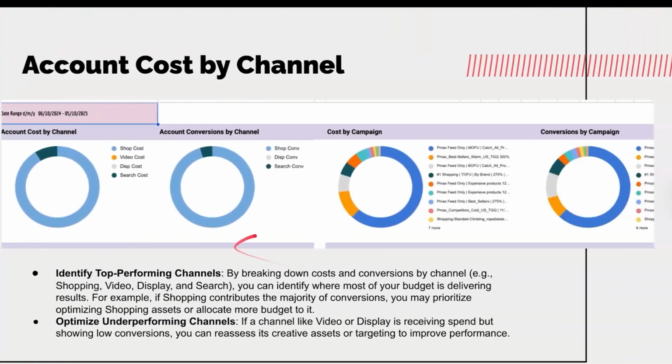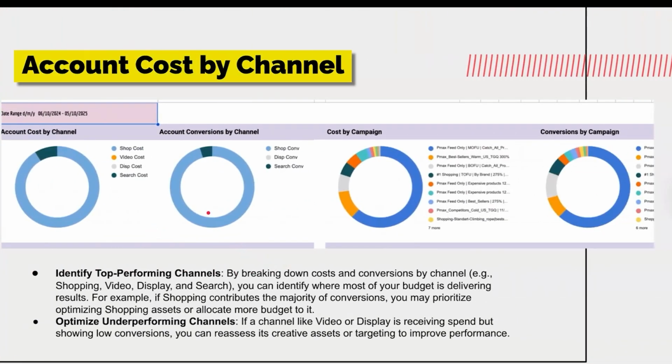So first, on the Performance Max breakdown, I have a screenshot and I can go live into the spreadsheet as well of an account example where the majority of the spend is going towards shopping. You can see the shopping cost is more than 85% here, followed by none for video and none for display, and the rest is for search.